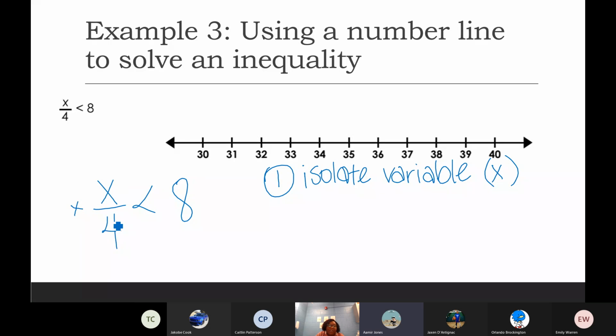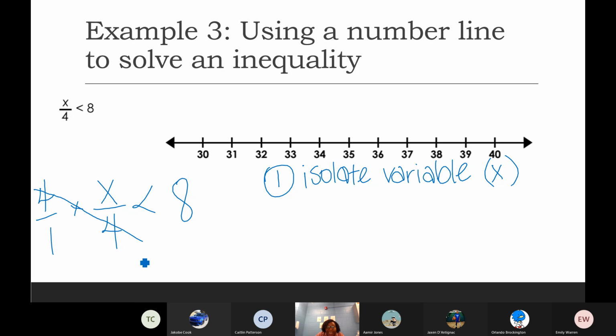Yep. So I've got to flip this fraction, and I've got to multiply it by 4 over 1. Okay? So when I multiply this by 4 over 1, that's going to cancel out.